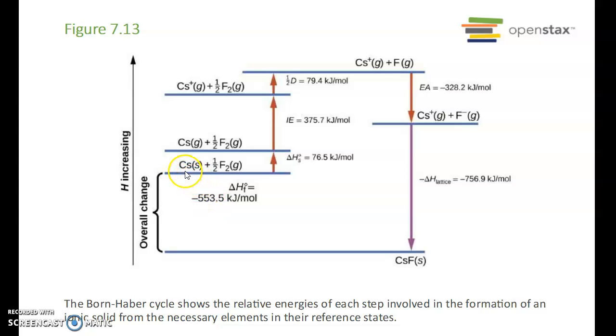So here what you have to do is you take the solid here and the gas, and you've got to first change this to a gas, right? So it can react. Once you've changed this to a gas, what you are then doing is you are raising that up to a certain energy level, okay? So that you can have this ionized.